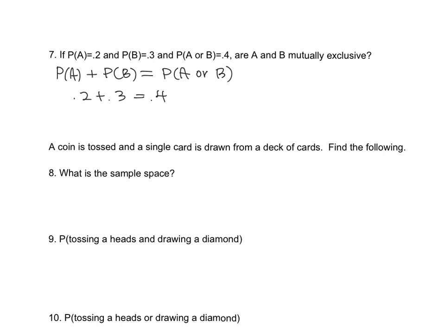If I add my probabilities together, 0.2 plus 0.3 is going to be 0.5, which does not equal 0.4. So in this case, they are not mutually exclusive.